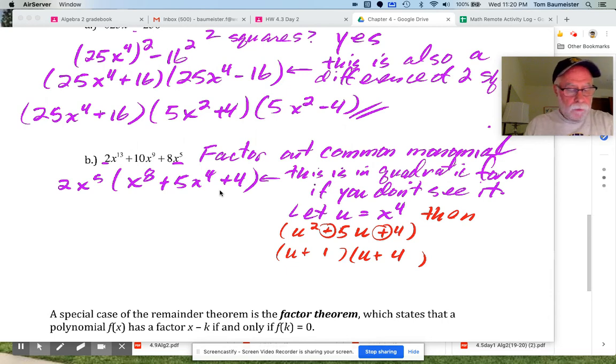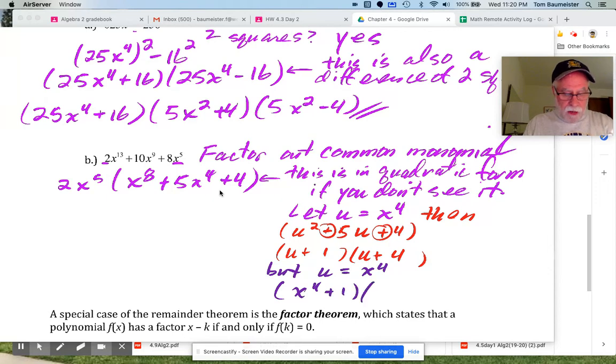Okay? But remember, what we did is we let u equal x to the 4th. So if I replace u, I'm going to have x to the 4th plus 1. I'm going to have x to the 4th plus 4.